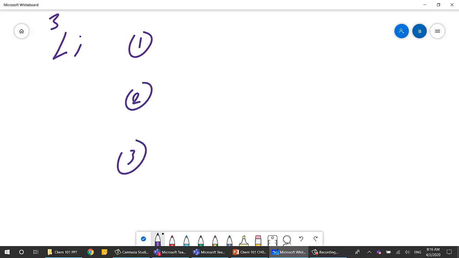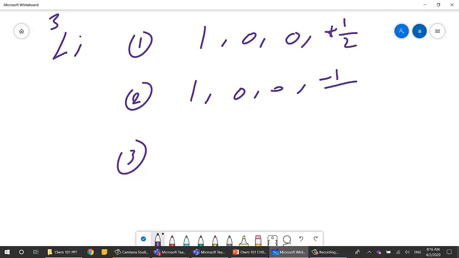The first electron will sit in the 1s, so it's going to take n equals 1, l equals 0, ml equals 0, and let's give it plus half for ms. For the second electron, let's give him an ID. It's like you go to the government registry and issue IDs for the electrons. So the government will give him 1, 0, 0, and plus half is taken, so he's going to take minus half.